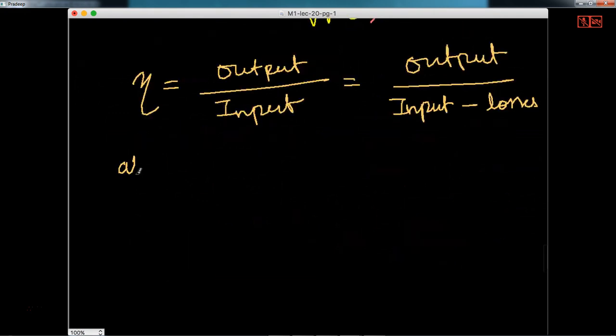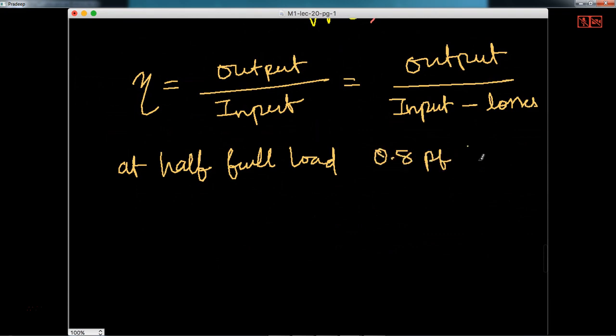At half full load, 0.8 power factor lead, the output equals, what is the full load kVA rating? 150 kVA.